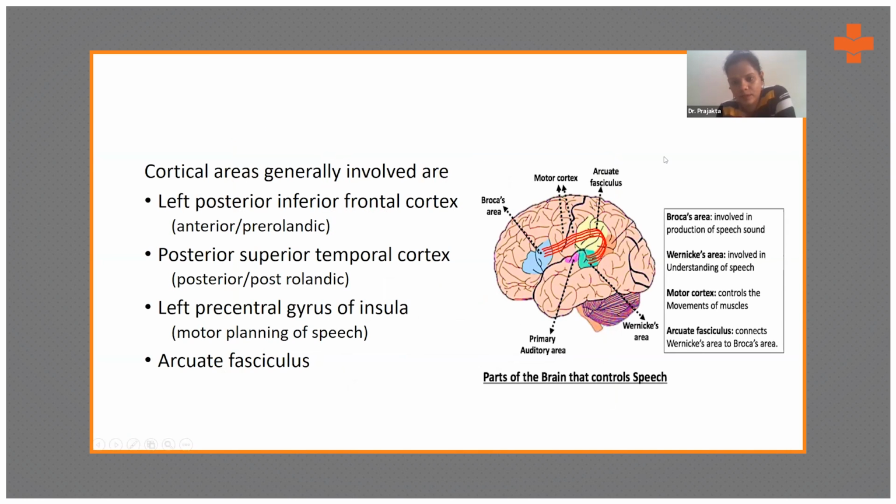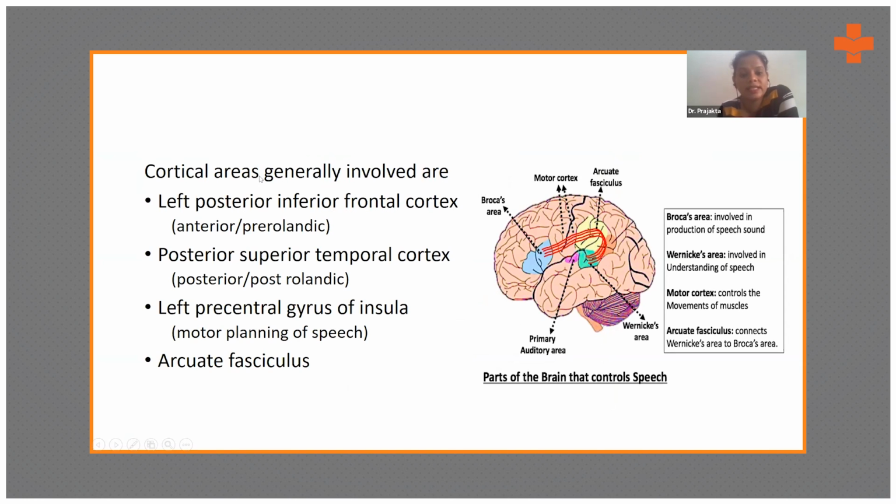Then this is the association auditory area. This is Wernicke's area, which is in the superior temporal gyrus. And these red fibers, these are the arcuate fasciculus, which connects Wernicke's area to Broca's area. Okay.